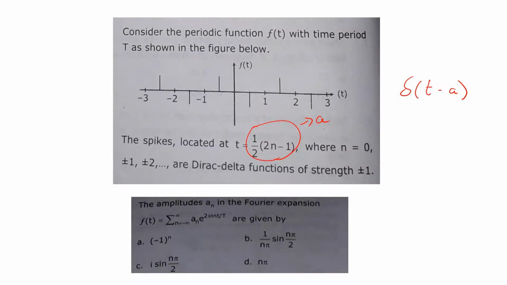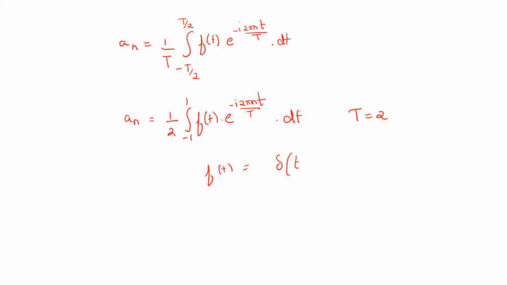So f of t, where n is going from minus infinity to plus infinity, is delta of t minus (2n minus 1) divided by 2.